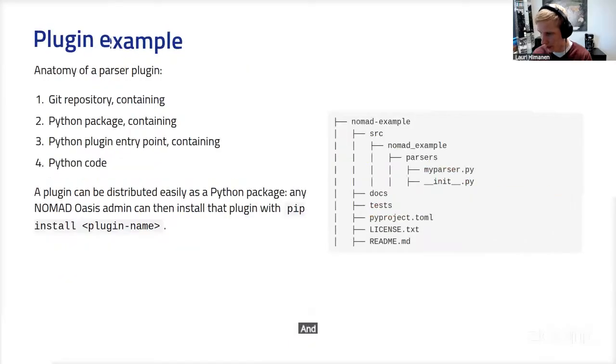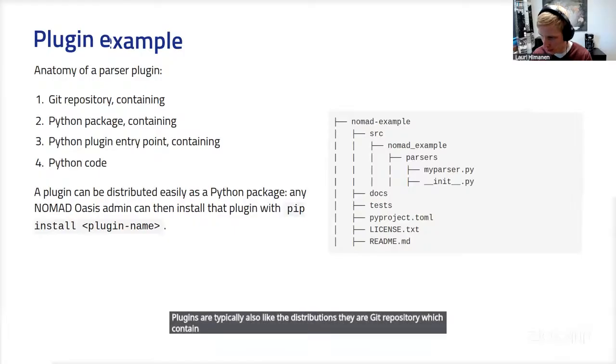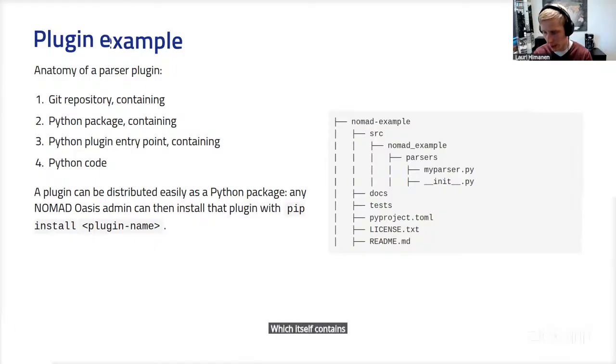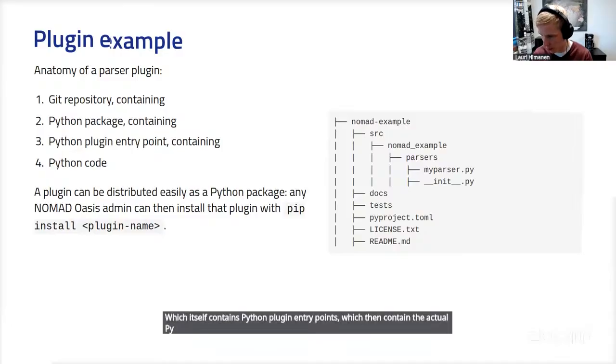And we could just very briefly take a look at a plugin example. So plugins are typically, like the distributions, a Git repository, which contains a Python package, which itself contains Python plugin entry points, which then contain the actual Python code for this parser, for example.